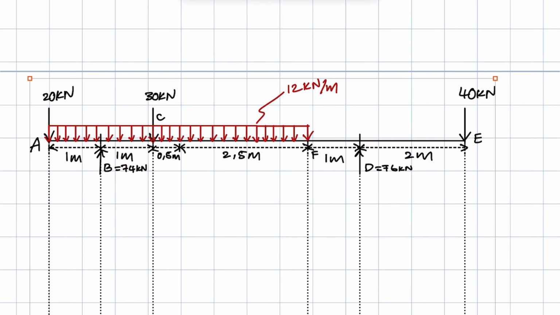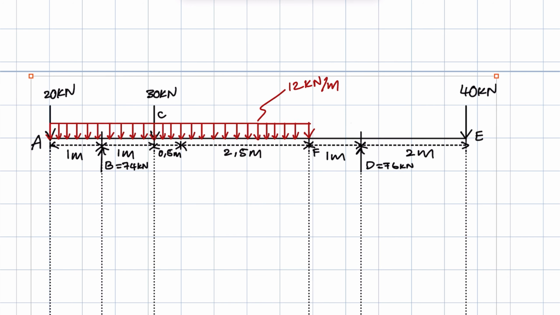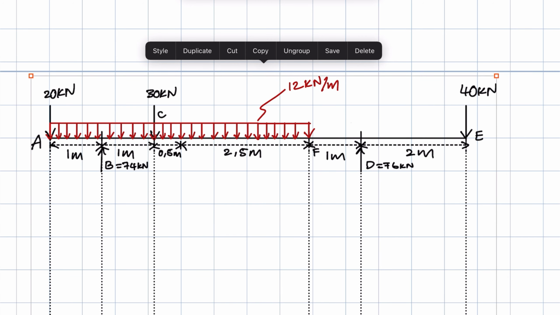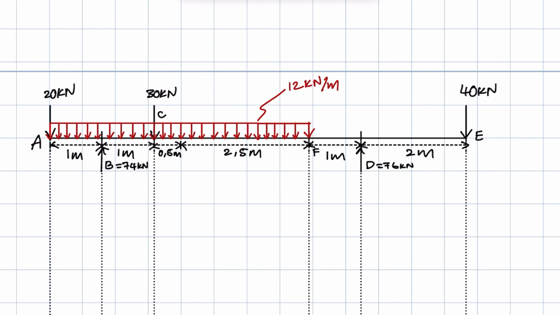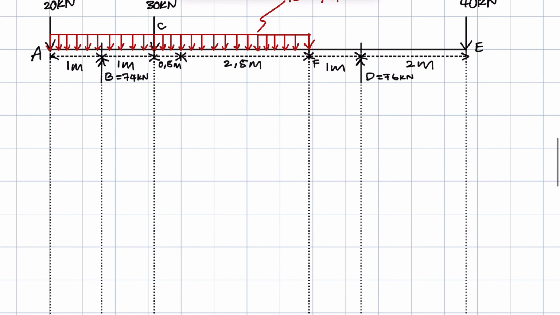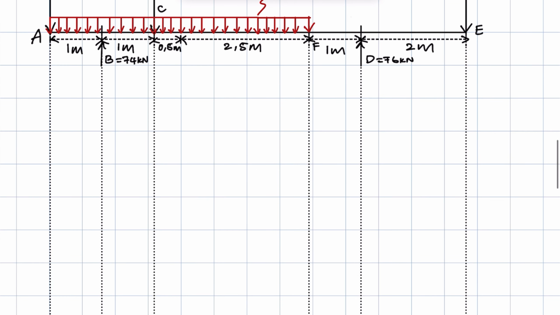So as mentioned, always redraw your beam showing all the important points, and then on all your points you draw vertical lines, and then you first draw your shear force.